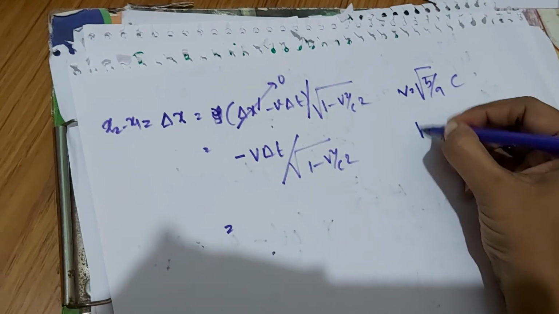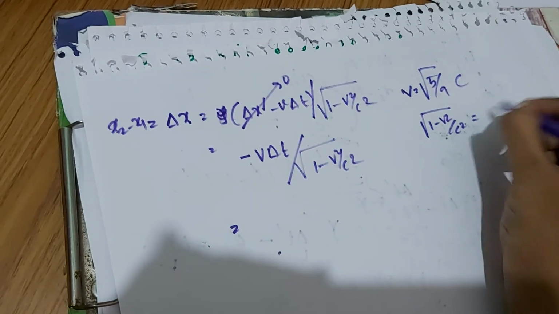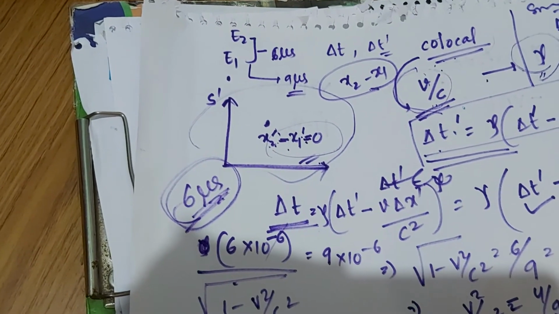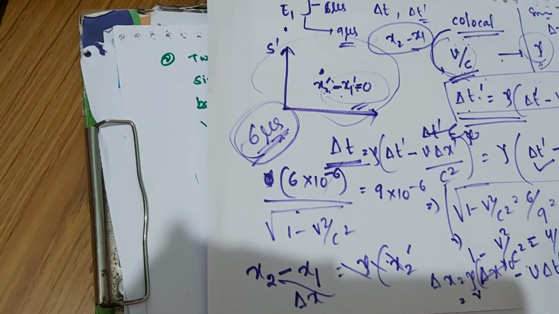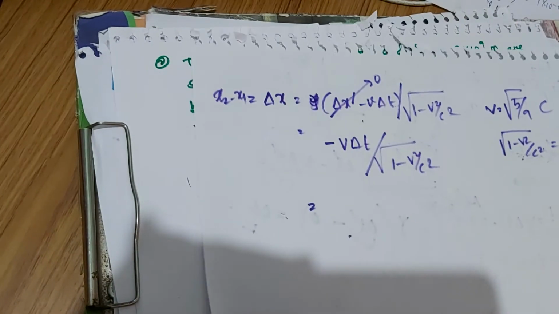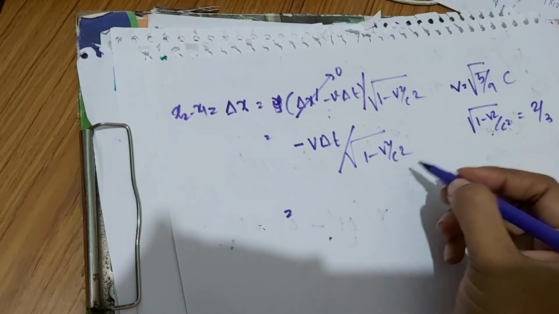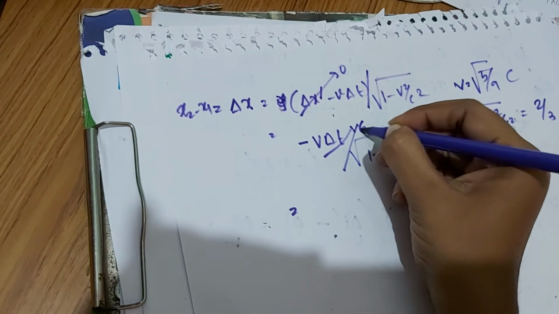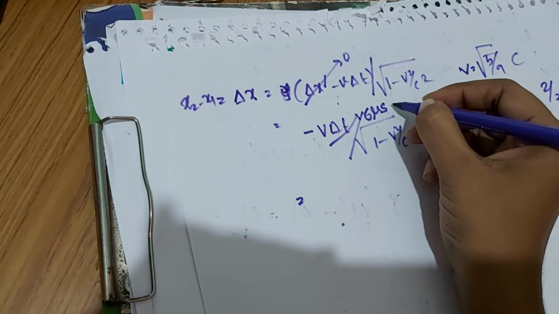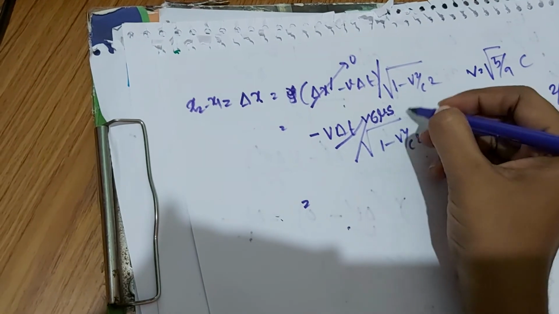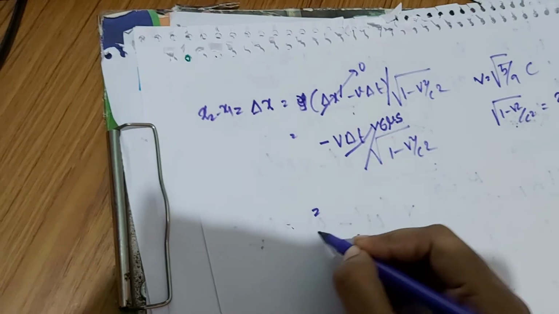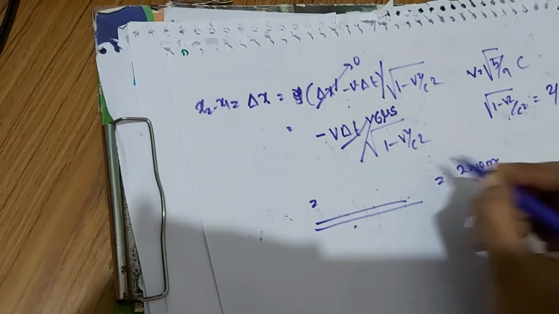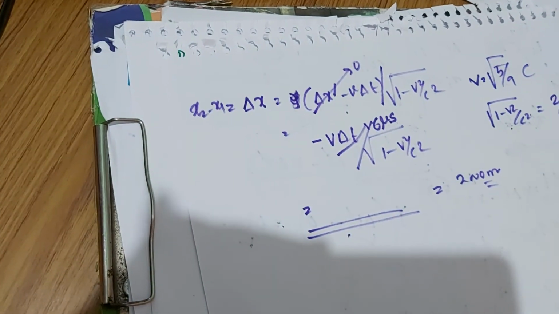And root of 1 minus v²/c² is equal to 2 by 3. Just directly substitute these values over here, and Δt we also know, that is 6 microseconds. So just substitute the values and we'll get the answer. It will be around 2000. Just do the calculation part.